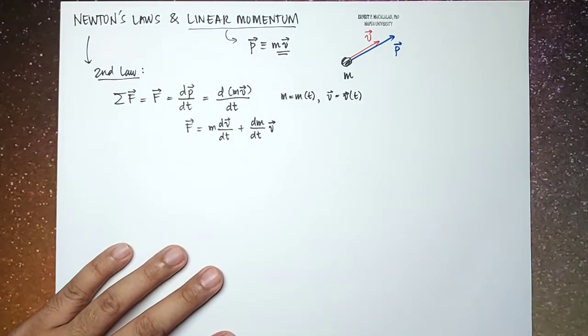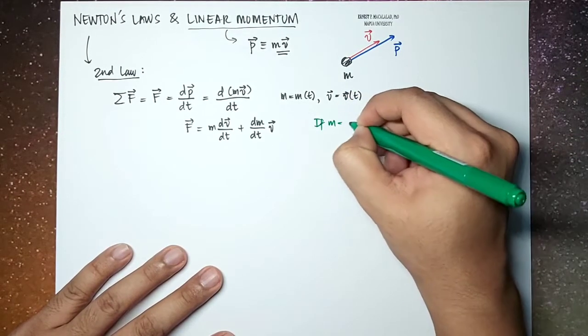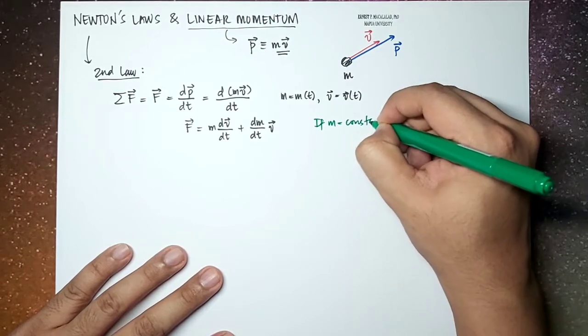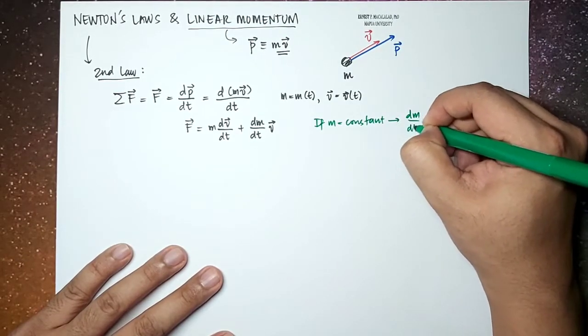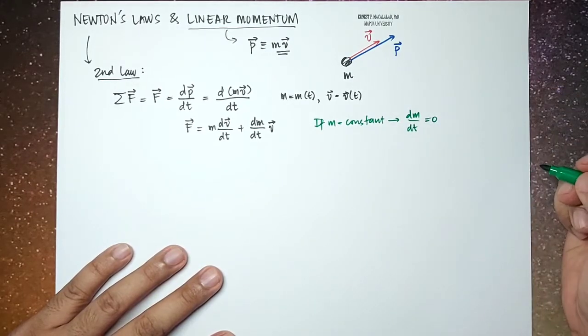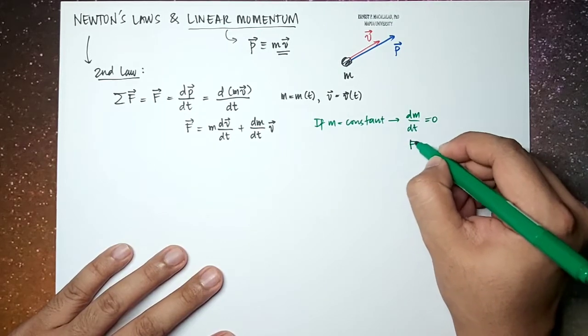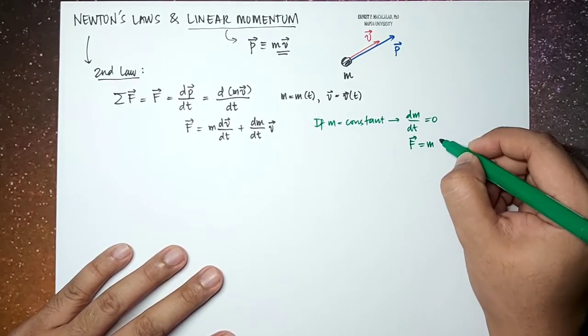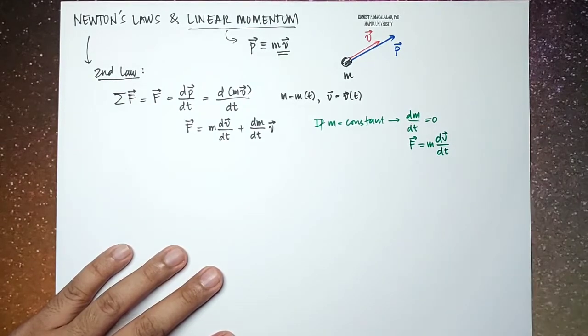As you will notice, for constant masses, the derivative of the mass with respect to time is equal to 0. So this equation will become the usual F equals m times the derivative of the velocity with respect to time.